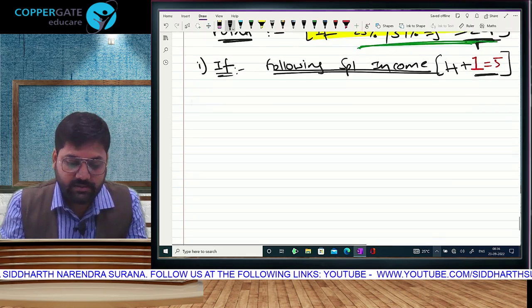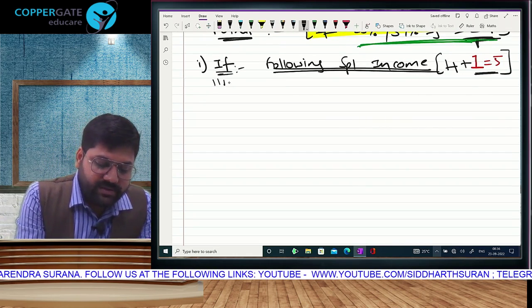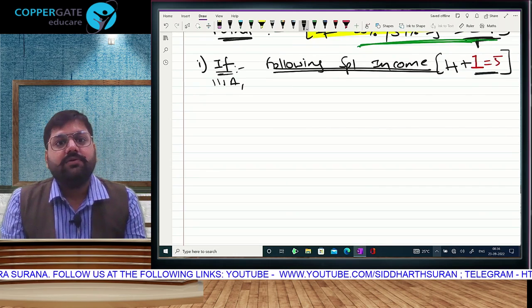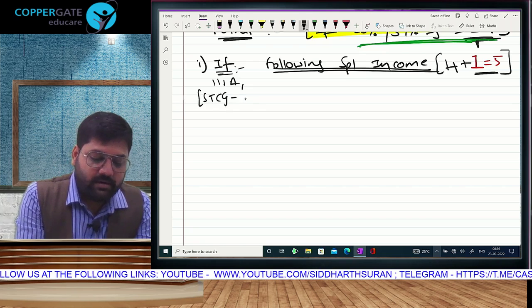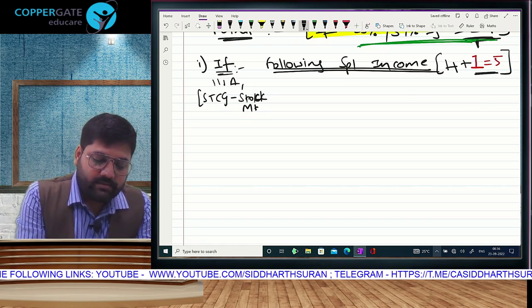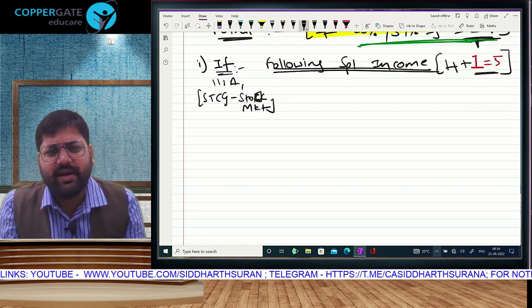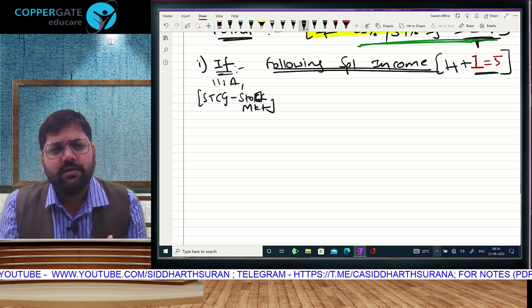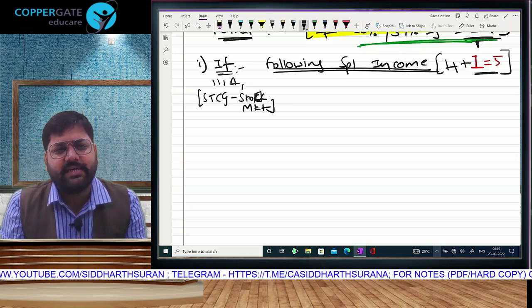Which incomes? If you have got any income which is taxable under section 111A, this is short-term capital gain earned on stock market. You don't know anything about this. Whatever I tell you is only telling, not teaching. Short-term capital gain on stock market, there is 15% tax rate given under section 111A.